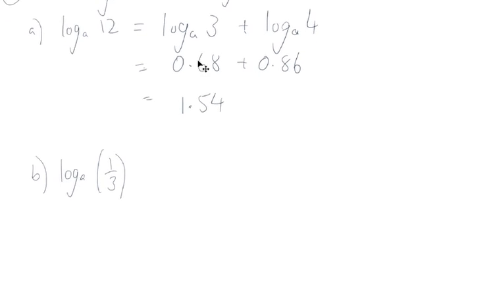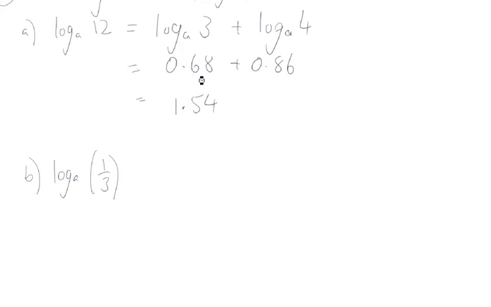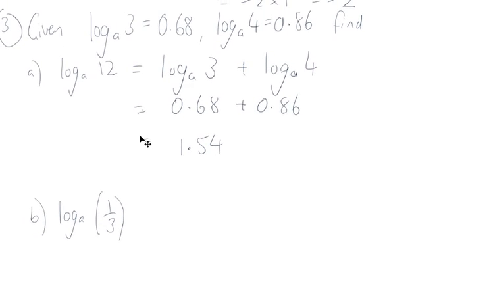Question B, log base a of 1 over 3. So, like I said, we want to try and get it in terms of 3 because the question gives us log base a of 3. The 1 is a little bit interesting, but if I'm seeing 1s, if I'm seeing a's, I'm seeing my base, so I'm going to try and revert back to my identity laws.